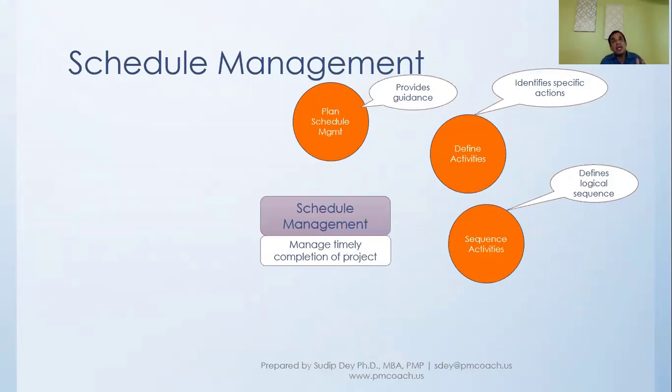Some activity can be done only after another activity gets finished, and so on. So in this process, we find out the logical sequences: which one comes first, which comes later, and what is the relationship.